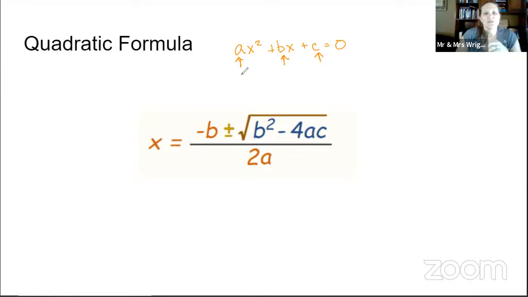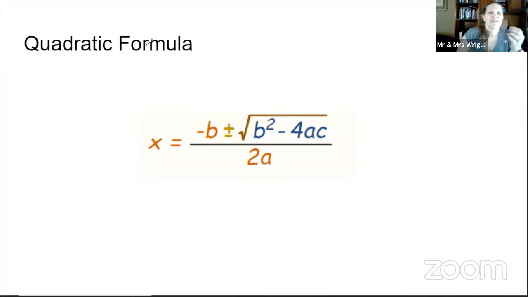And then you take those numbers and you plug them into the formula down here. So b is going to go into 2 locations. A will also go into 2 locations. And c only has 1 spot to fit into right there because it's a constant.